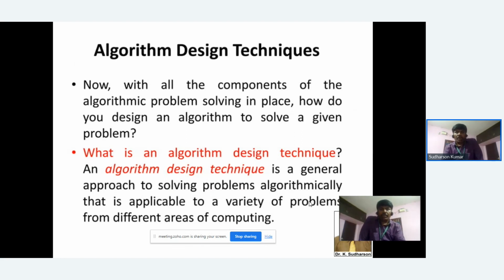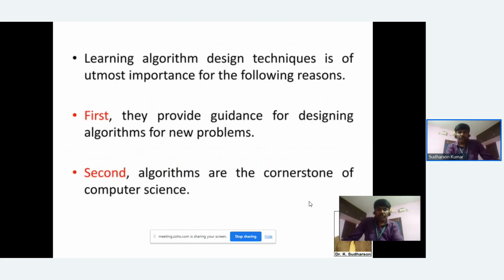So you must understand what an algorithm design technique is. Then you have to choose one design technique for your problem solving. Then you can create an algorithm. So this is the thing we discussed.